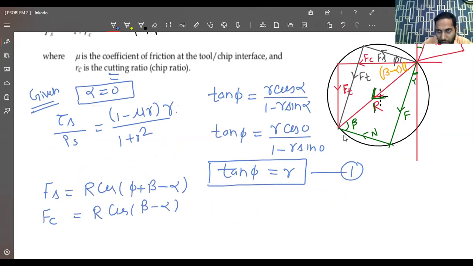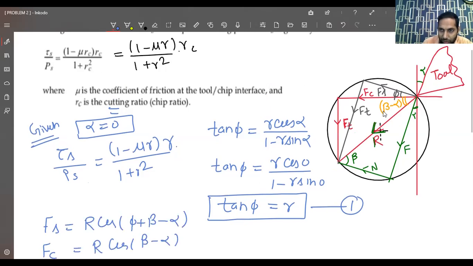If I am going to give the name of the triangle, so the triangle OABCD. If I take triangle ODB, I can write Fs equal to R cos (phi plus beta minus alpha). If I take triangle OAB, I can write Fc is equal to R cos (beta minus alpha). Up to this point there should not be any problem for anyone.